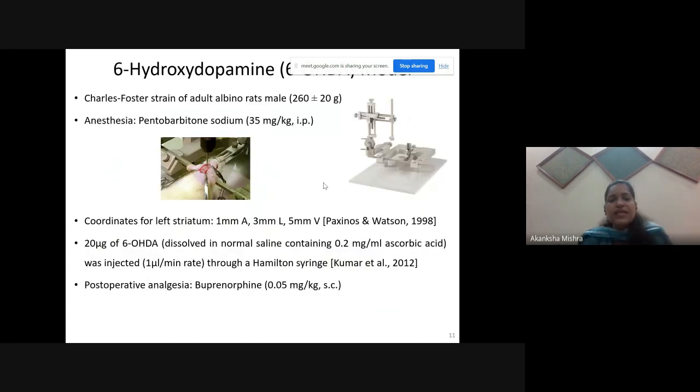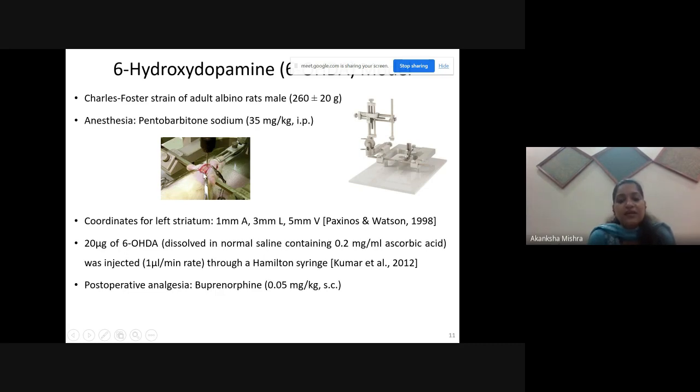6-hydroxydopamine, we'll just talk about it a little. This is a toxin through which we can mimic the symptoms of Parkinson's disease in rats to perform research. Here we can see the figure of a stereotaxic injector. First the rat was anesthetized using anesthesia.